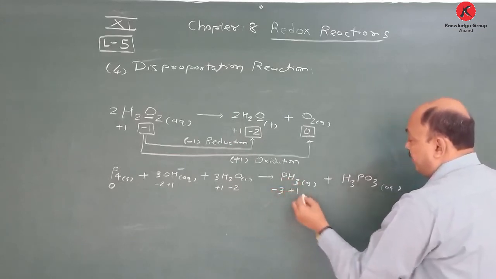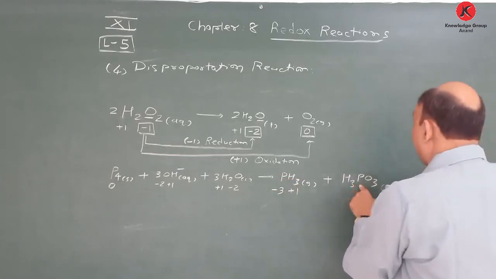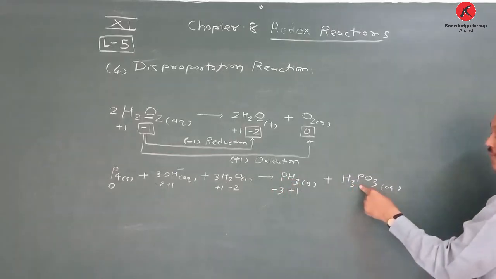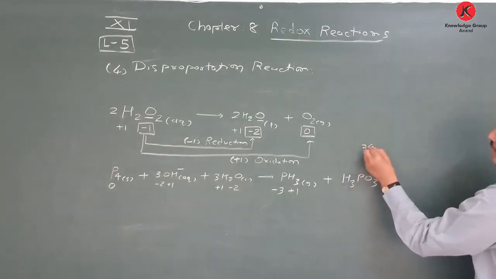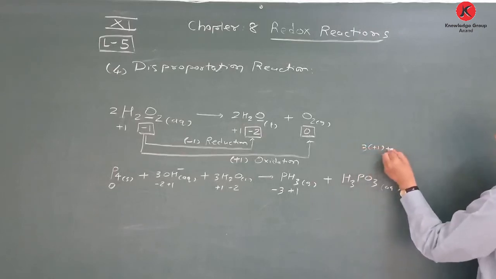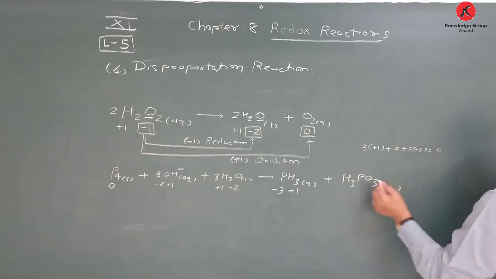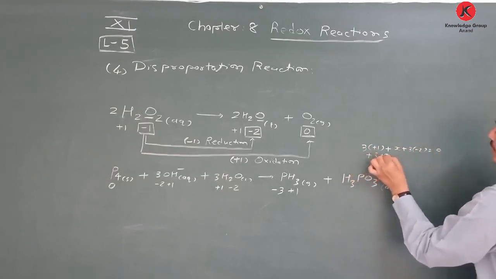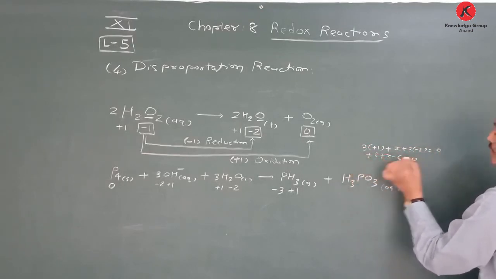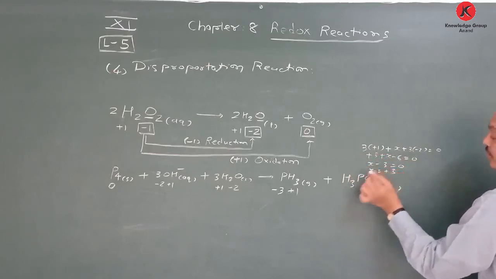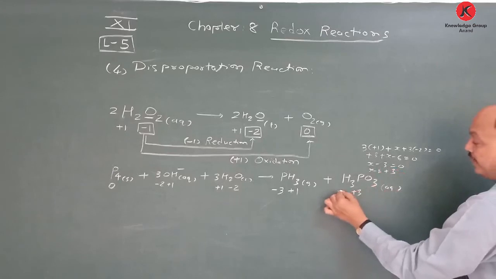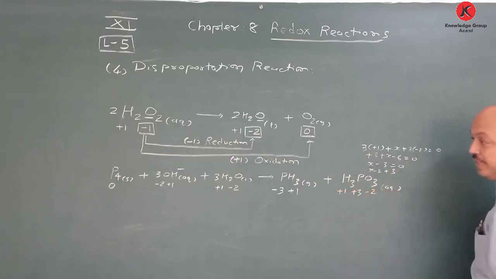Same way, find out the oxidation number of phosphorus in H3PO3. So 3 into plus 1 plus X plus 3 into minus 2, total charge is 0. So plus 3 plus X minus 6 is equal to 0. So X minus 3 is equal to 0, so X is equal to plus 3. Here hydrogen is plus 1 and oxygen minus 2.